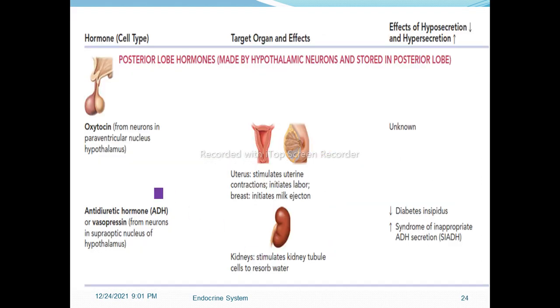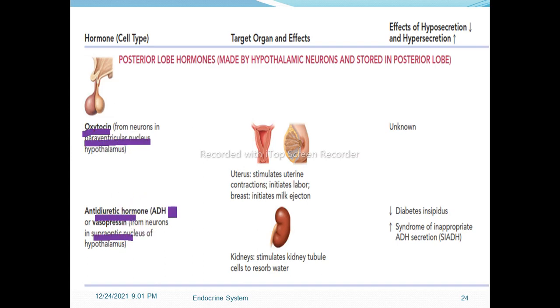Oxytocin comes from neurons in the paraventricular nucleus of the hypothalamus, and antidiuretic hormone or vasopressin from neurons in the supraoptic nucleus of the hypothalamus. The supraoptic nucleus is responsible for secretion of antidiuretic hormone, and the paraventricular nucleus is for oxytocin.